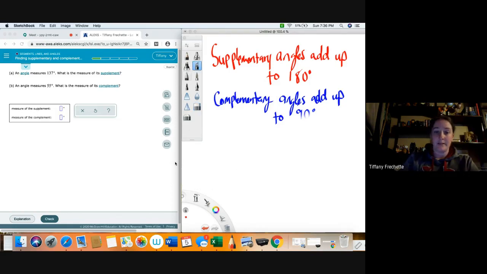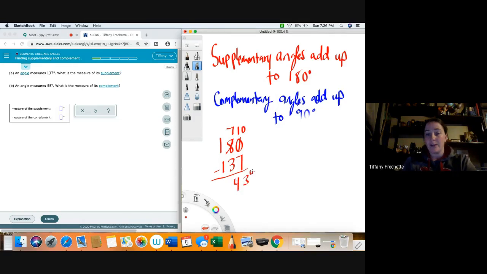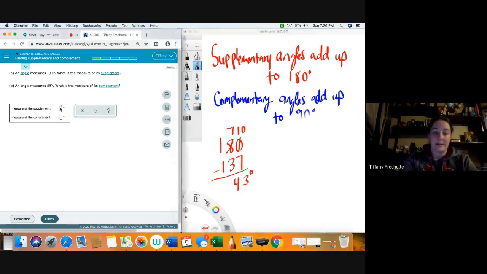Sorry to erase that other one just a little bit there. All right, so part A says an angle measures 137 degrees. What is the measure of its supplement? Supplement means 180 degrees, so I simply subtract from 180 degrees what they're giving me. I'm going to borrow, I get 3, and I get 43 degrees. So I type in 43.